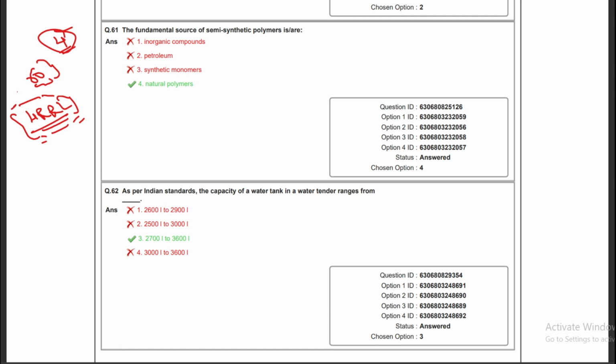Fundamental source of semi-synthetic polymers is: inorganic compound, petroleum, synthetic monomers, or natural polymers.